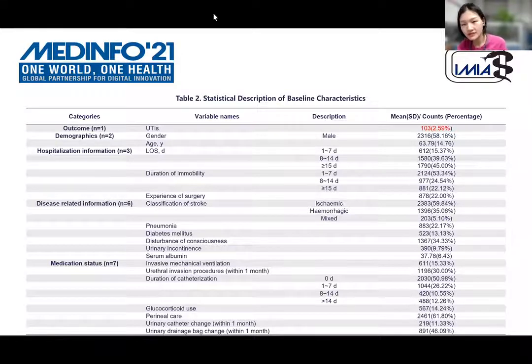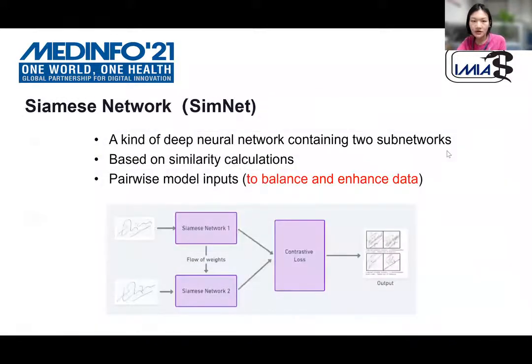Importantly, we may notice that the UTIs prevalence in this study was even lower than 3%, and it is definitely imbalanced data. So in order to solve this problem, we employed a Siamese network. This is a kind of deep neural network containing 2 subnetworks, and it was originally proposed to solve handwritten digit recognition.